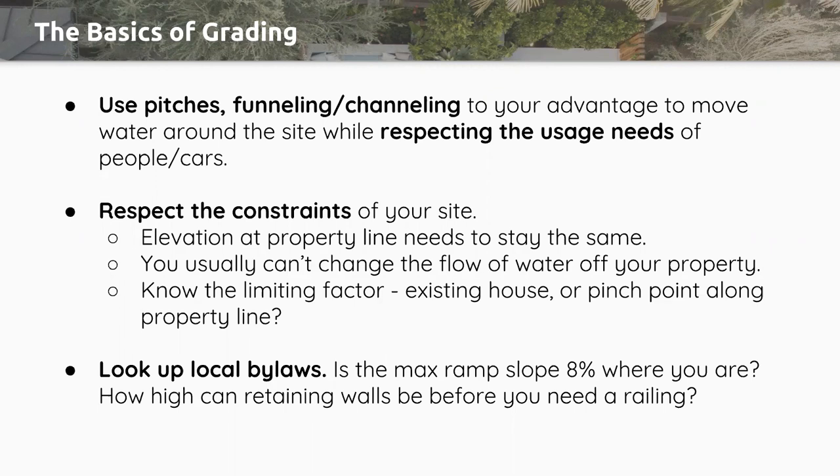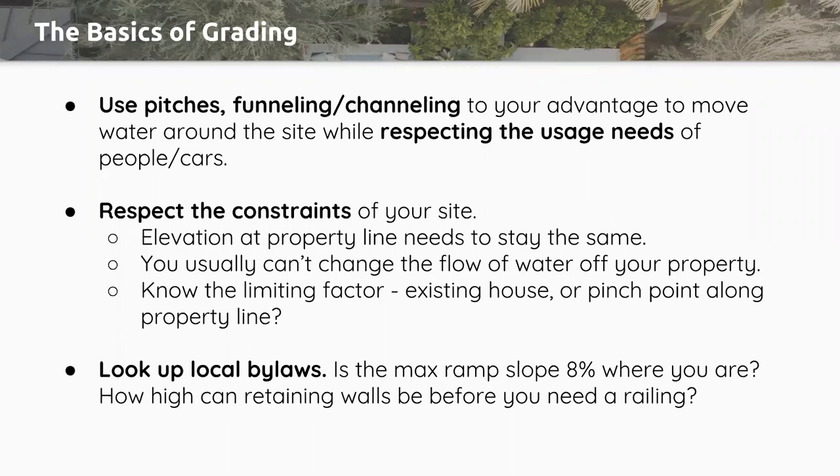So when we go through our example, you're going to start to try and find pinch points, because those are going to direct how you're going to use all of these techniques to grade around your site. And I'll talk about that. So key points is that the elevation at the property line is going to need to stay the same pretty much every scenario.